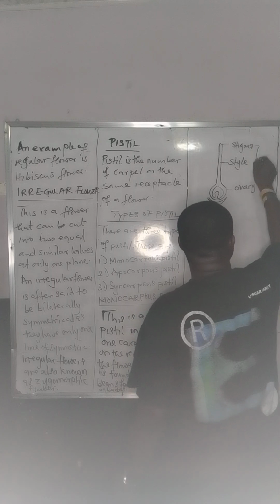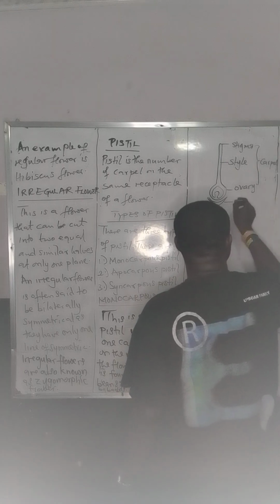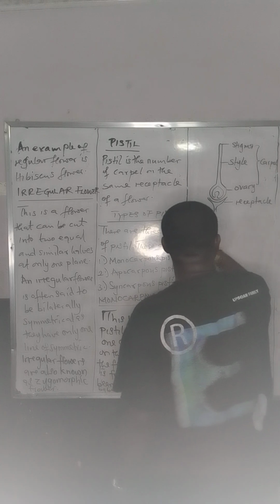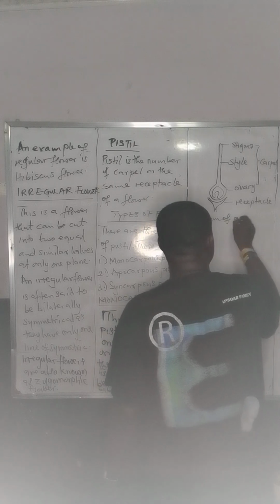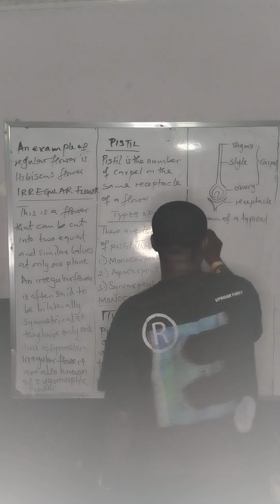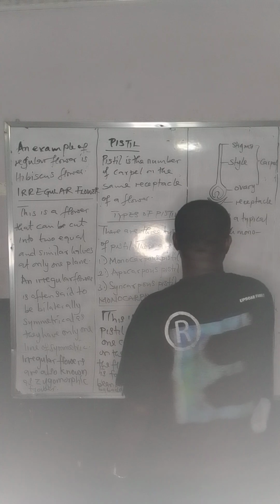So these three things constitute your carpel, and this is what? Receptacle. So this is the diagram of a typical flower with monocarpous pistil.